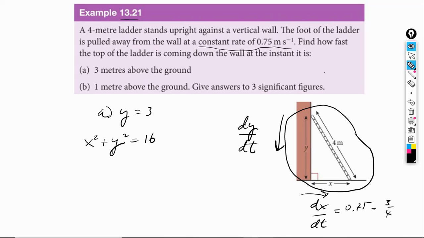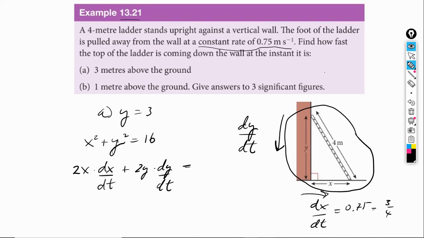So if we do implicit differentiation on this with respect to time, what do we get? Well, we would get 2x times differentiating x, because that is just part of the chain rule. So dx over dt plus, same thing with y, 2y times dy over dt, the rate of change of y.